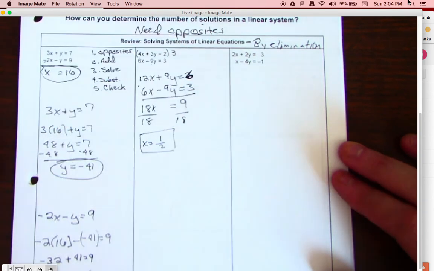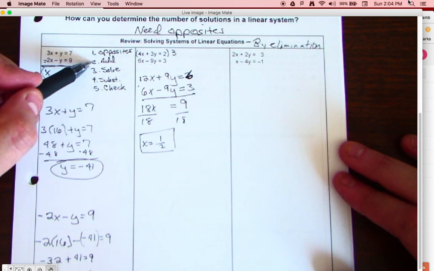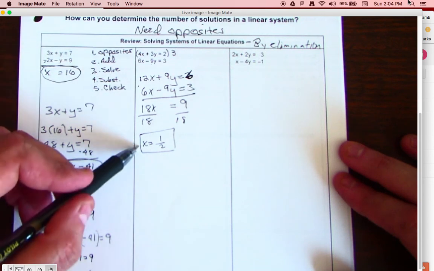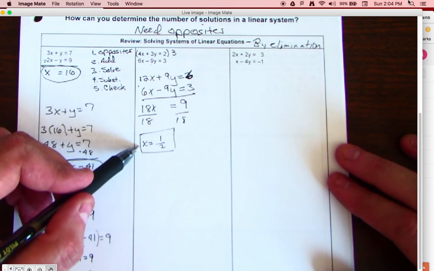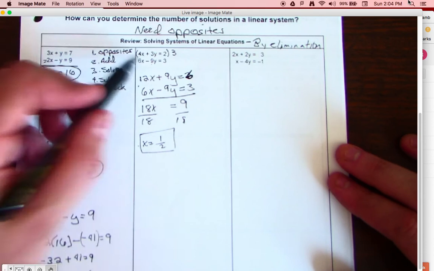Okay? Alright, so that's my first step. I should say my second step. So I got opposites. I then added straight down. I solved. And actually that's the first 3 steps, and I got x equals 1/2. Now what do we have to do? We have to take 1/2 and plug it into either one of these equations. I'm going to pick the top one again.